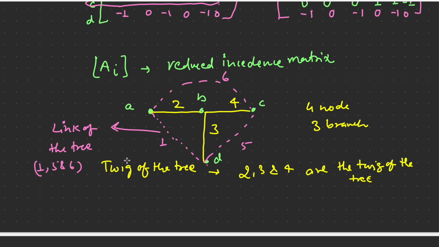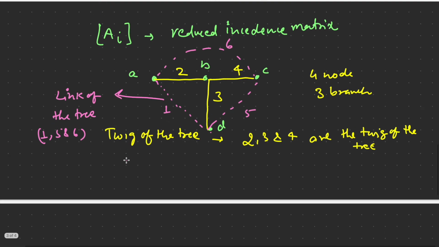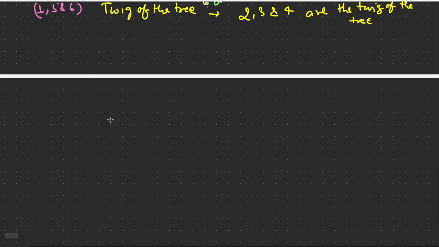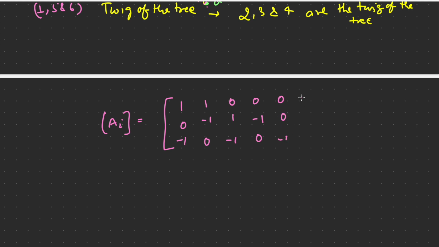Now how do we find the total number of trees possible out of this graph? We have the reduced incidence matrix for the graph, which is written as 1, 0, minus 1, 1, minus 1, 0, 0, 1, minus 1, 0, minus 1, 0, 0, 0, minus 1, 1, 0, 0.